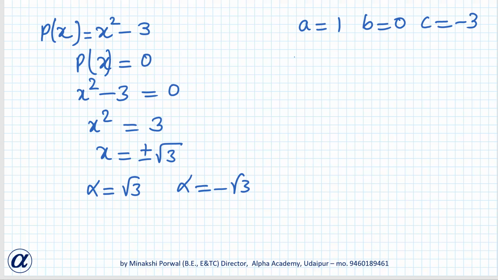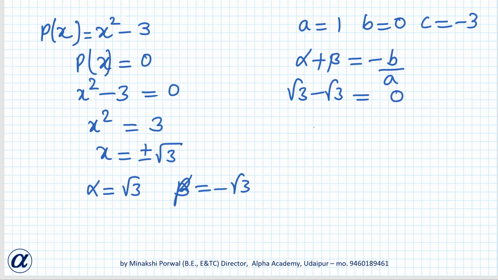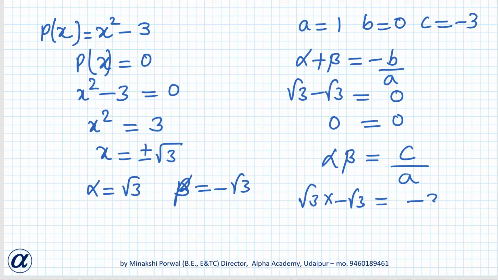Okay, now alpha plus beta equals minus b by a, that is root 3 minus root 3 equals b is 0, so 0 equals 0, and alpha into beta equals c by a, so root 3 into minus root 3 equals minus 3 upon 1, so minus 3 equals minus 3. Okay, this was example 3.